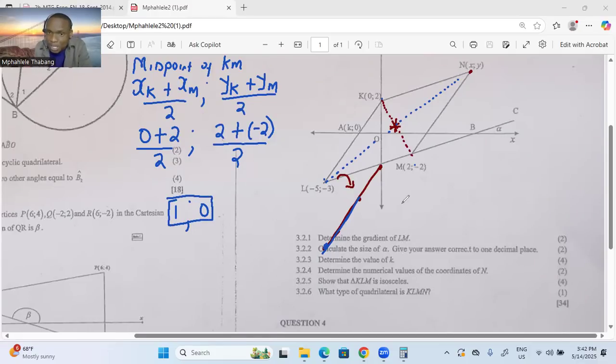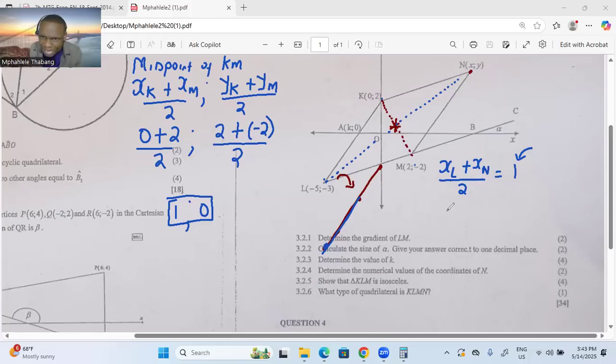So I will say X at L plus X at N, if they are divided by 2, I should get 1, because the X midpoint is 1. If I add the two values of X at L and N and divide by 2, I should get 1.